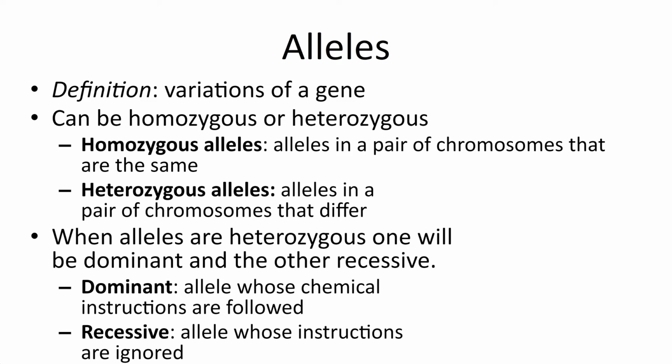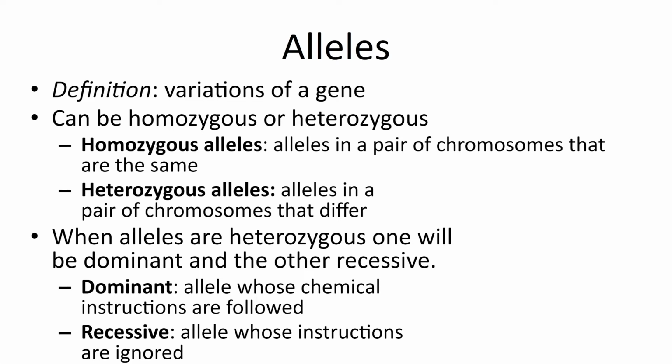Heterozygous alleles, though, that's where it starts to get interesting, because when alleles are heterozygous, there's a difference between them. Like maybe you got a brown eye trait from your mother and a blue from your father. So when there's that difference, one of the two alleles will be expressed and the other one will be hidden, just like Mendel's pea plants.